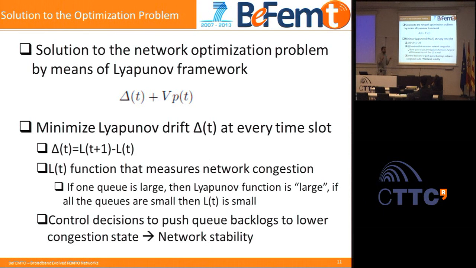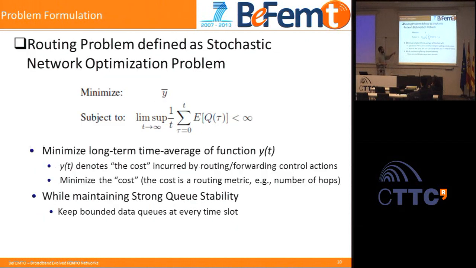And theory says that if you put input rates inside the capacity region, you get all the flows out of the network with the network being stable. There are other definitions of stability, like mean rate stability, which deal more with averages and long terms. Depending on the scenario, you use one or the other.